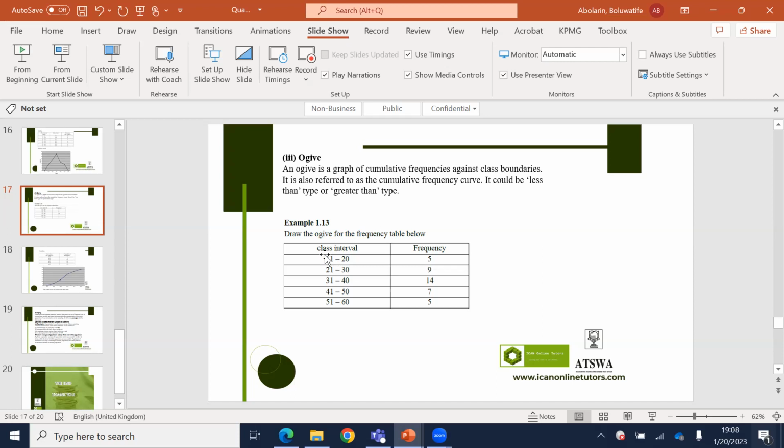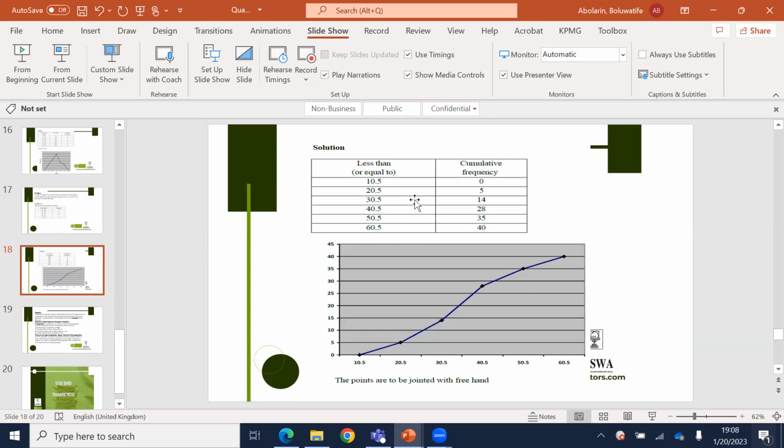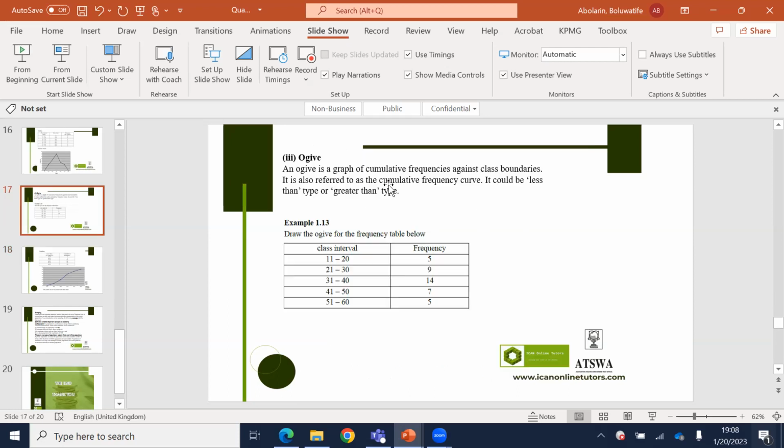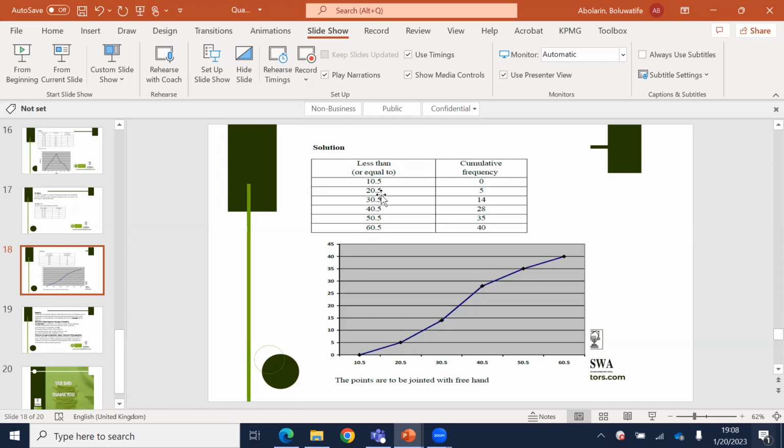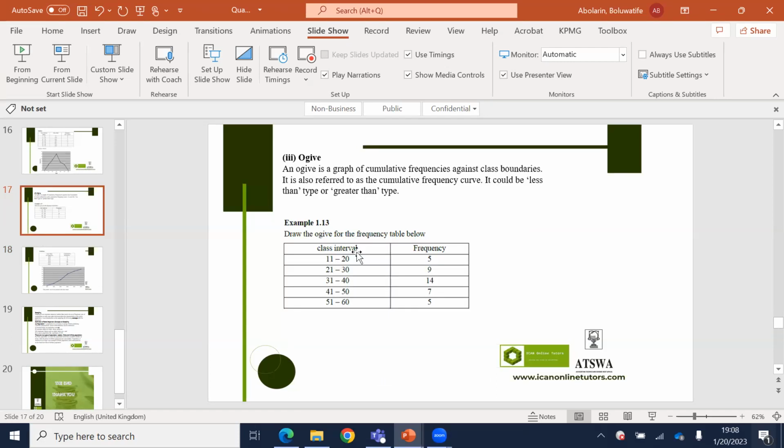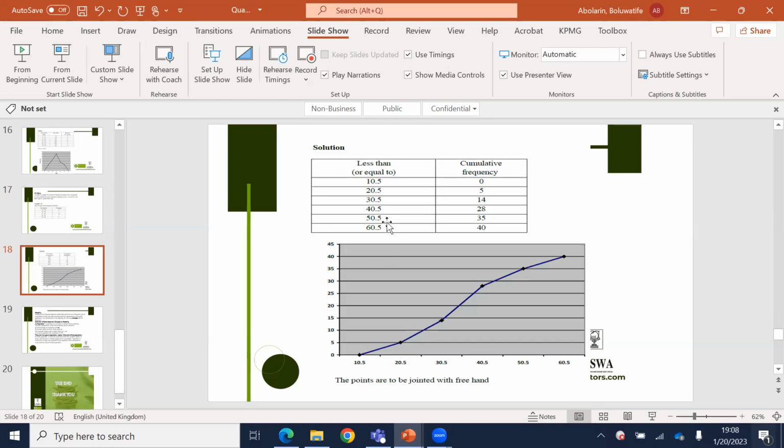You minus 0.5. Hope you still remember. 11 minus 0.5, you get 10.5. 21 minus 0.5 is 20.5. Last one, 51 minus 0.5 is 50.5. That's how they got it.